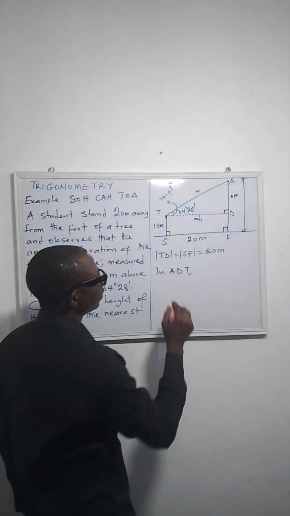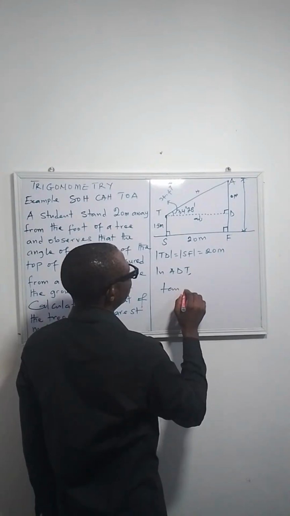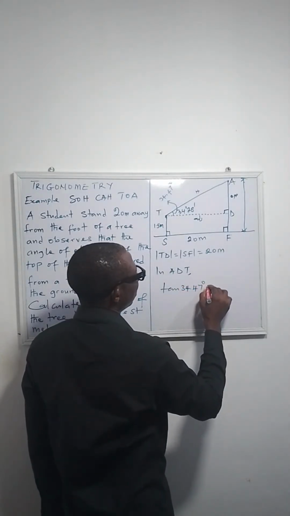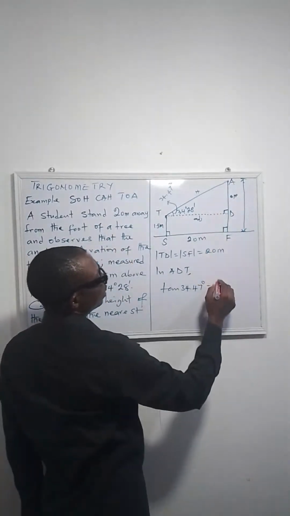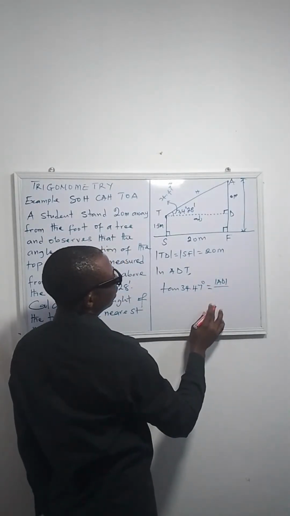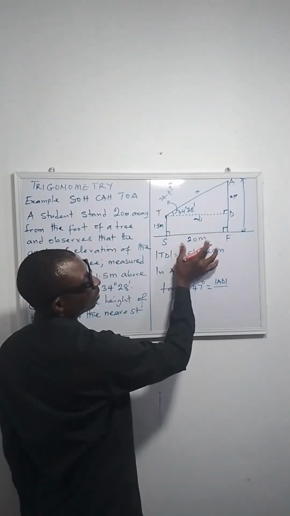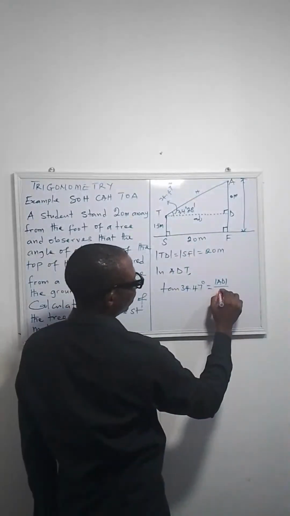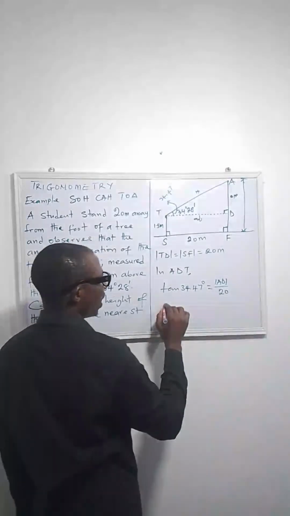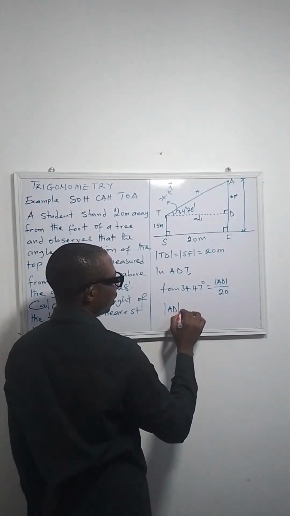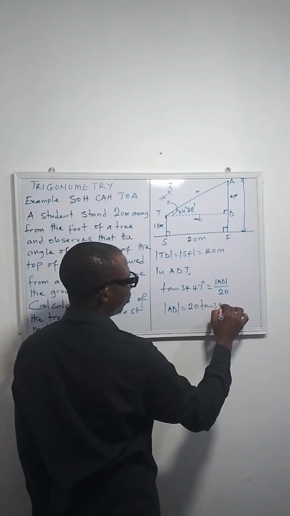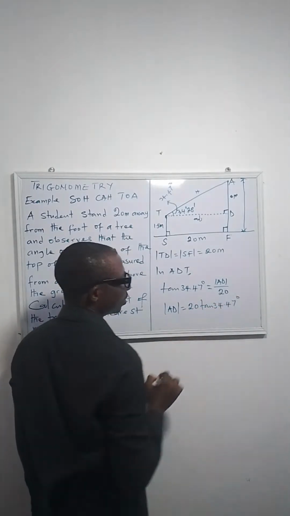So we have tan 34.47 degrees equals opposite, that is length AD, over adjacent. The adjacent is 20 meters, so over 20. Here we can cross multiply, so we have AD equals 20 times tan 34.47 degrees.